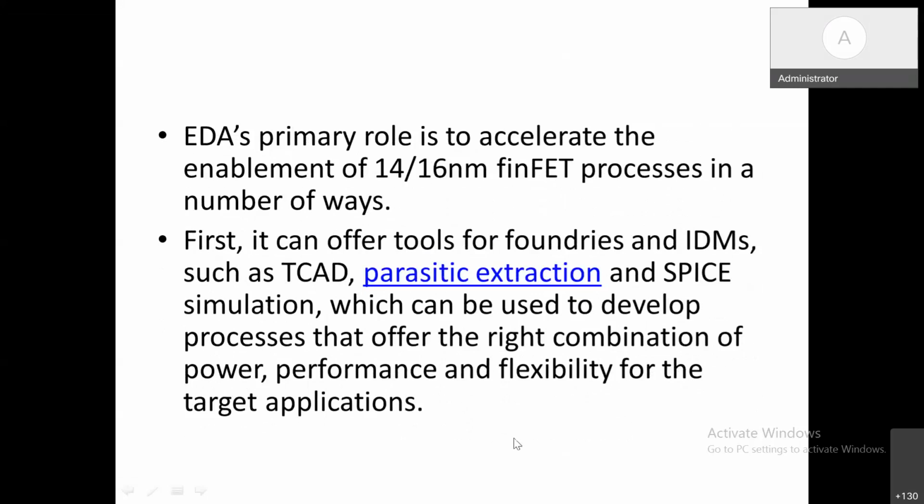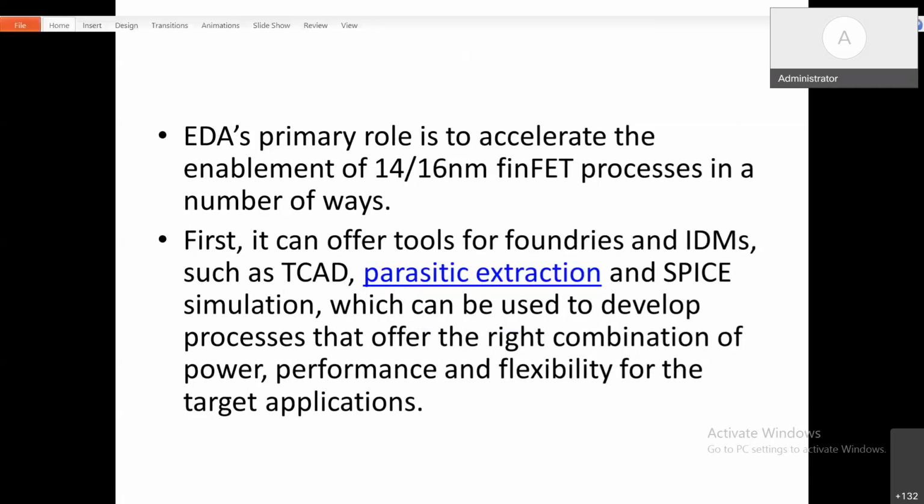So the first step the EDA tool should do is use TCAD for parasitic extraction and SPICE simulation. So you can select the right combination of power, performance, and flexibility, which is applicable for the target application.